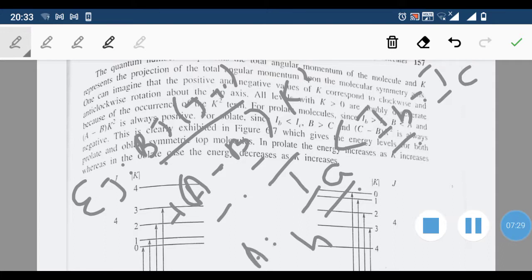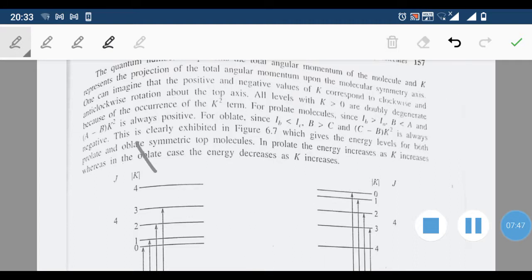A is equal to h/(8π²I_A c). So I_A is less means A will be greater. So A will be greater than B in this case, and that is important for prolate symmetric top molecules.